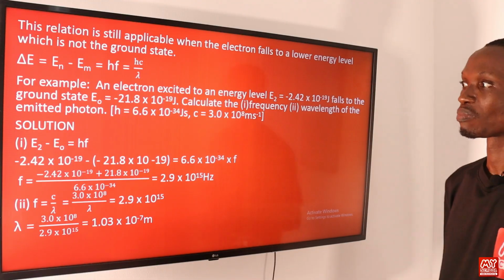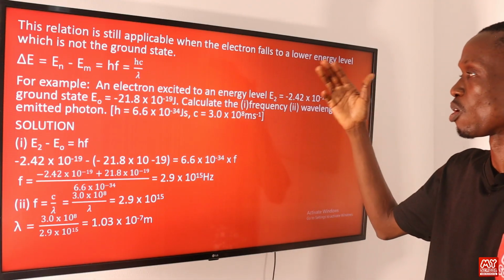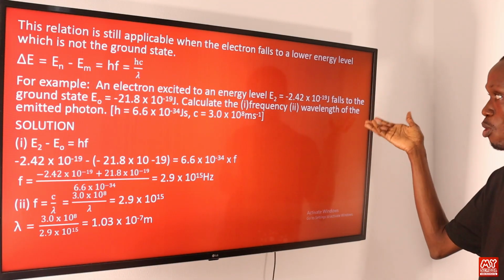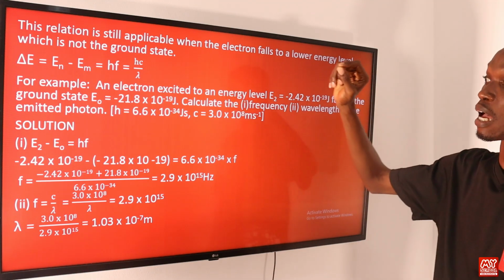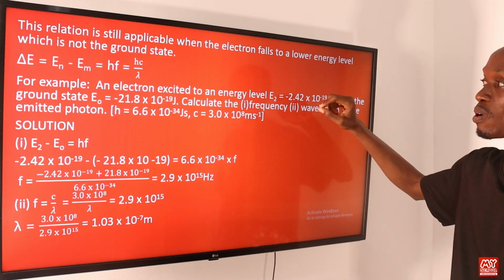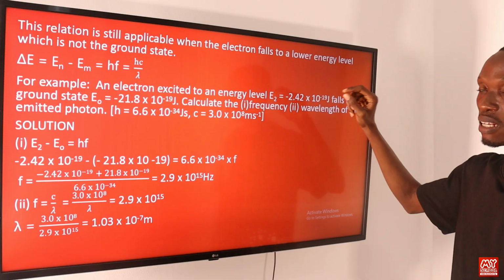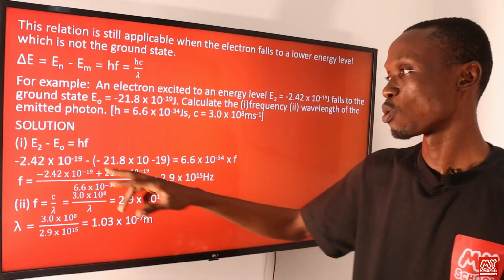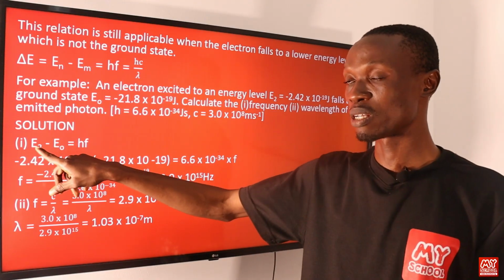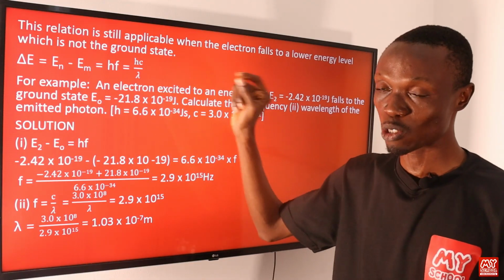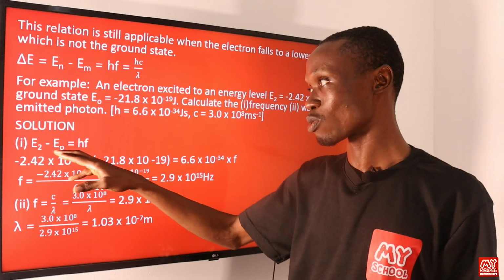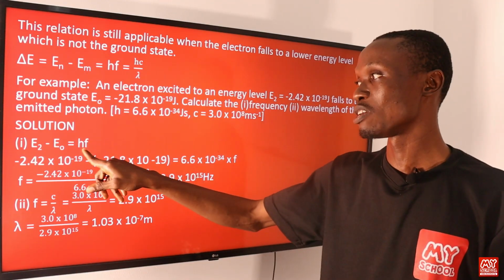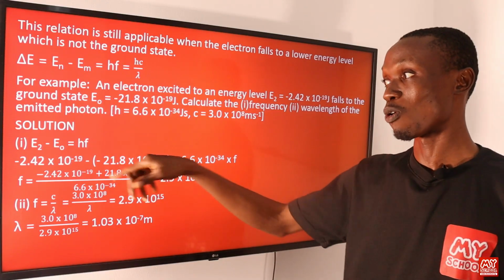So, solution. Remember that the electron was excited to an energy level E2 from the ground state, and the electron actually fell from the excited energy level E2 to the ground state. So in that case, we are going to have E2 minus E0, because this is where the movement of the electron started from, and this is also equals hf. Now remember, we are looking for frequency, so here we can simply divide both sides by h to get the value of frequency.